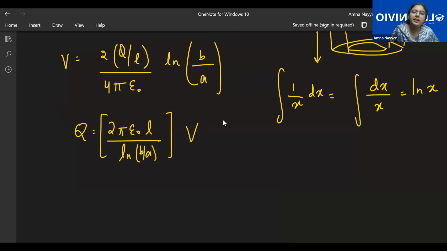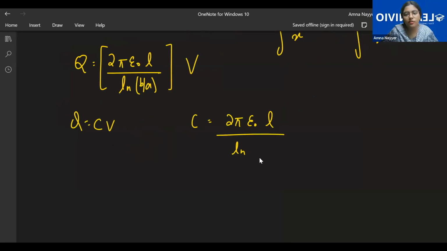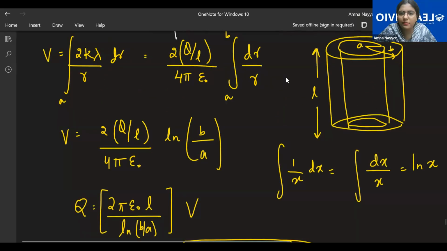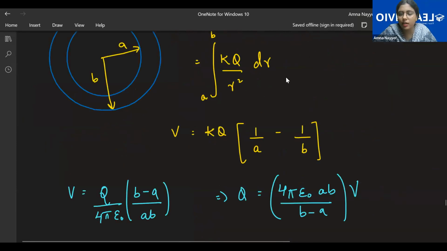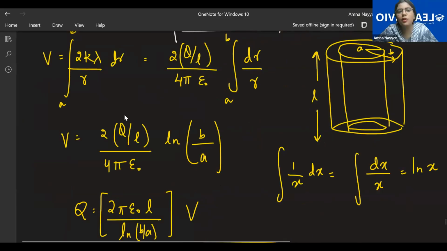Since Q is equal to CV, taking the ratio we get the capacitance as 2 pi epsilon naught L divided by log of b by a. That's the whole derivation. Write it down and remember it, because sometimes it is helpful within the question. That's why I made you write how to start the derivation for the cylindrical capacitor too.